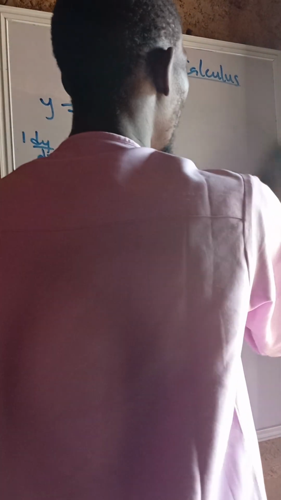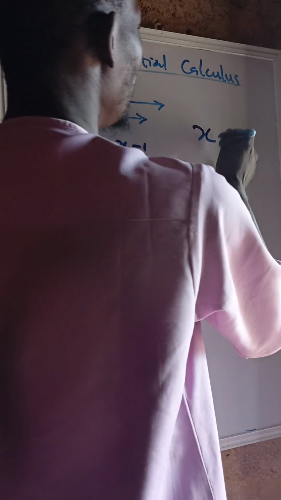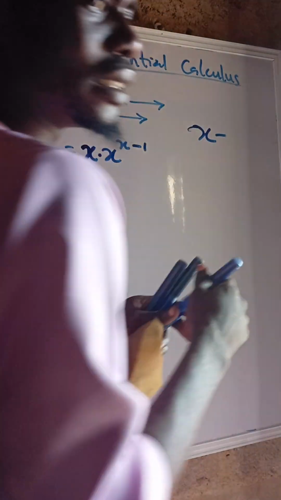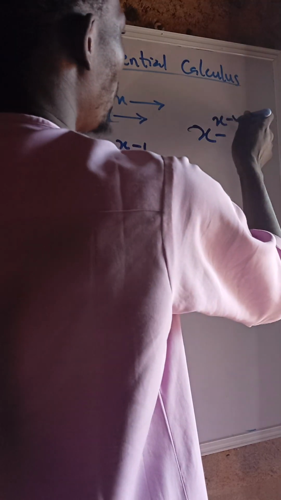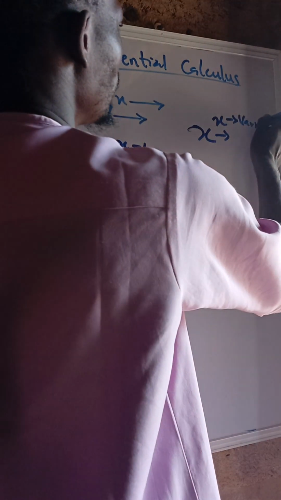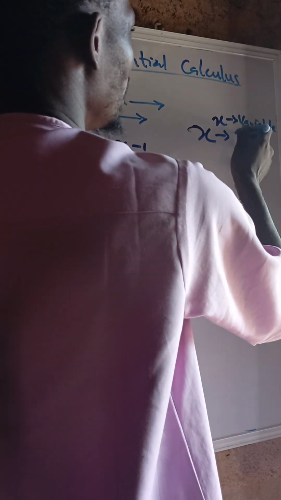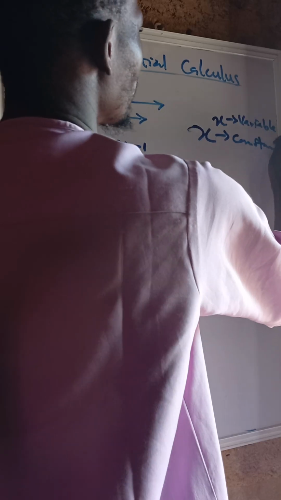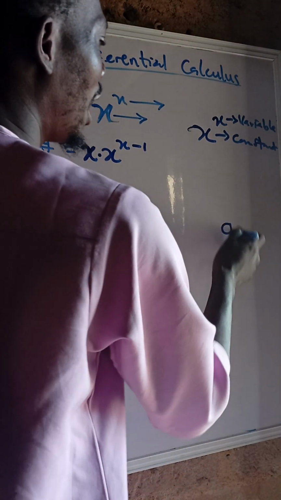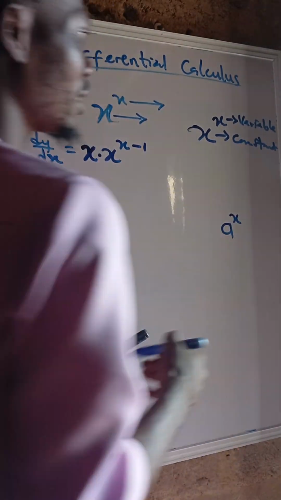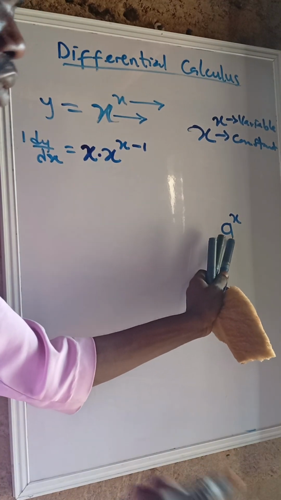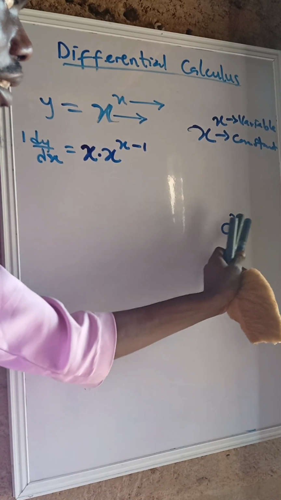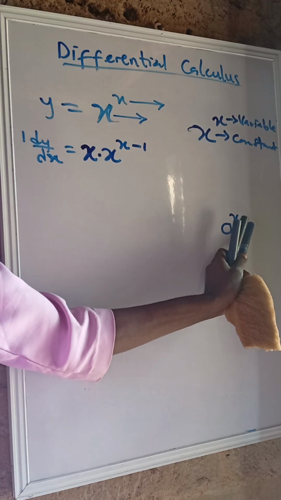Now the next thing you will then have to do is that the base, which has been treated as the variable and the power as a constant, you now treat the power as the variable and the base as what? Constant. So you remember that when you have a raised by x, where a is the constant, I said it the other time, and what you have here is the variable.